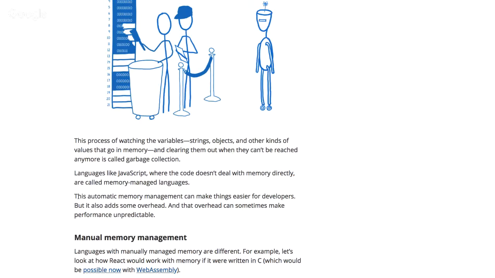So this automatic memory management can make things easier for developers, but it also adds some overhead, and that overhead can sometimes make performance unpredictable. Basically, garbage collection can happen anytime.